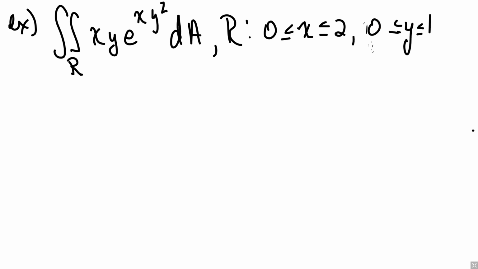Okay. So what I want you to do is set up the double integral and evaluate it. For this particular problem, when you get done, you should end up with this. Okay.